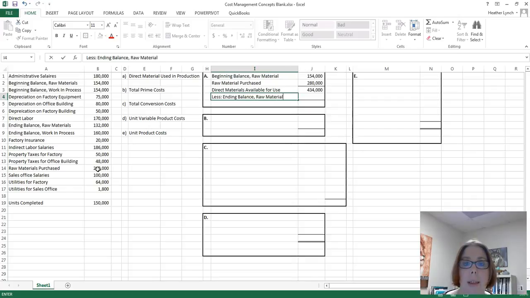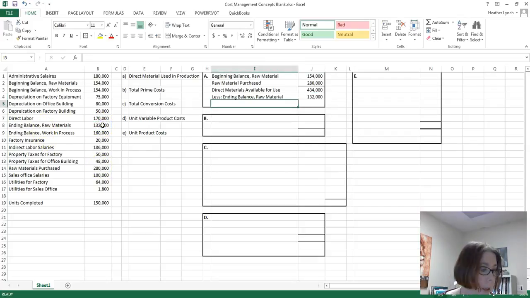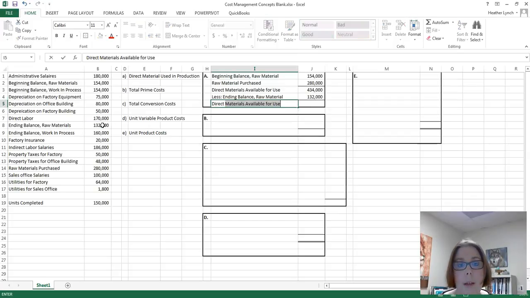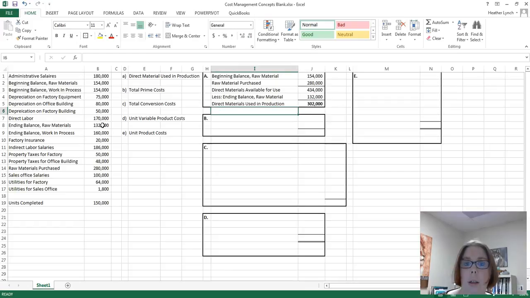Let me go ahead and get that in here. So less my ending balance raw material. And so then my direct materials used in production is $302,000.